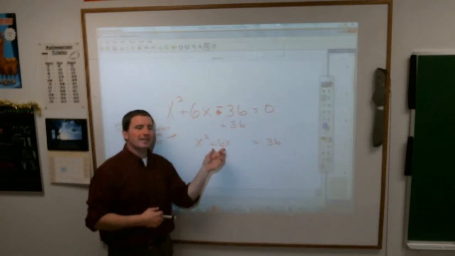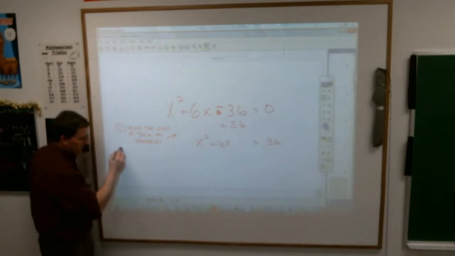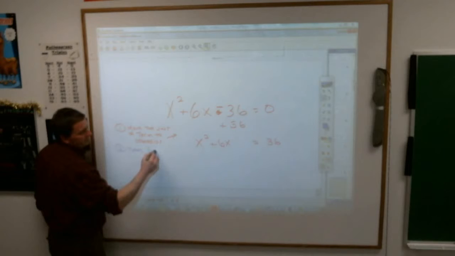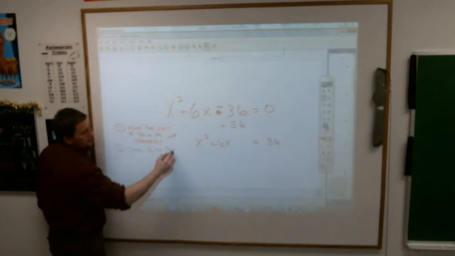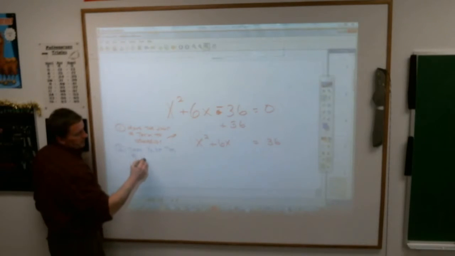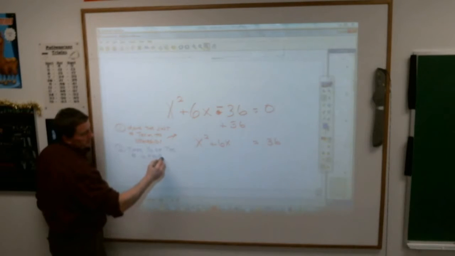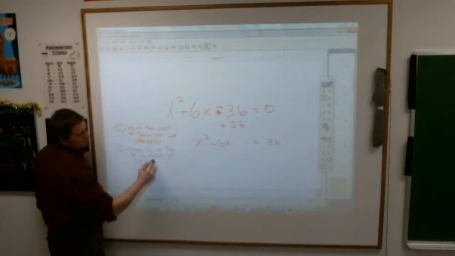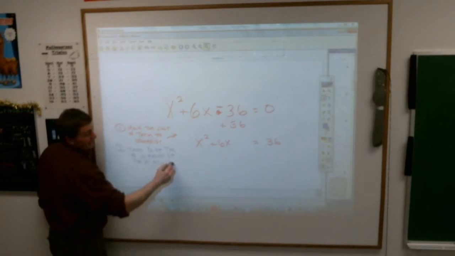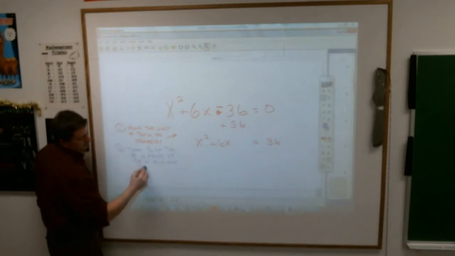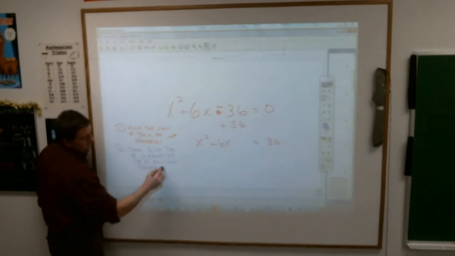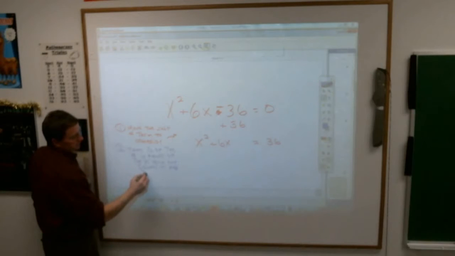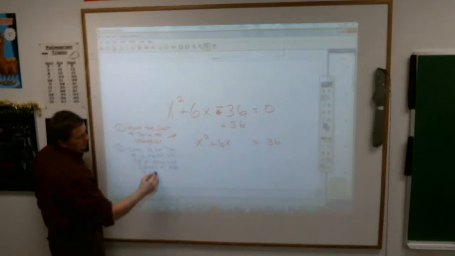It comes from when you take half of, step number 2, take 1/2 of the number, hashtag, in front of the x term and square it. Add that to both sides, because you can't just add it to one.